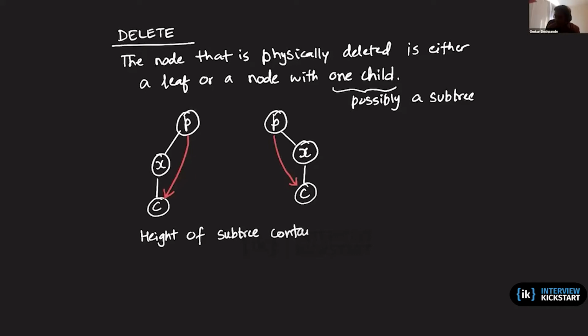containing x. Right? The parent might have another subtree whose height will not change, but the height of the subtree containing x reduces by 1, whichever direction that subtree was in.